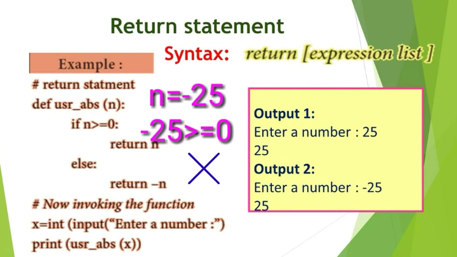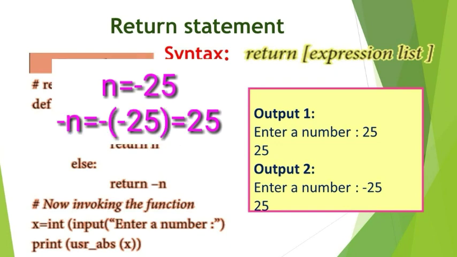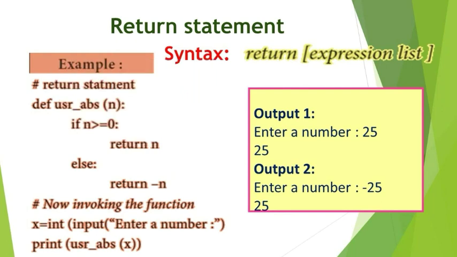What is the value of n now? Minus 25. So minus n means minus into minus 25. Then what is the result? 25, because minus into minus is plus. So you will get the output for this code: 25.